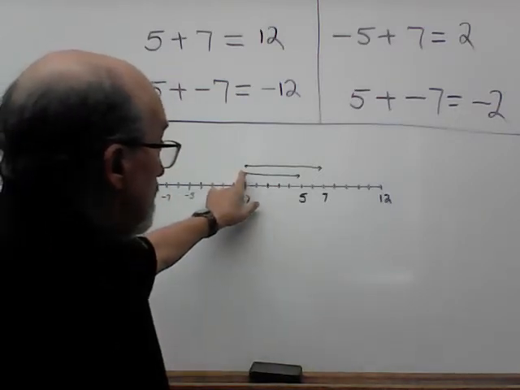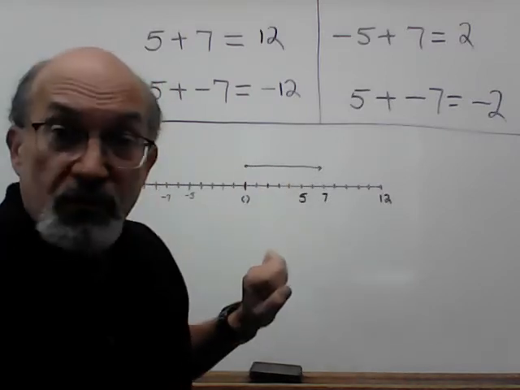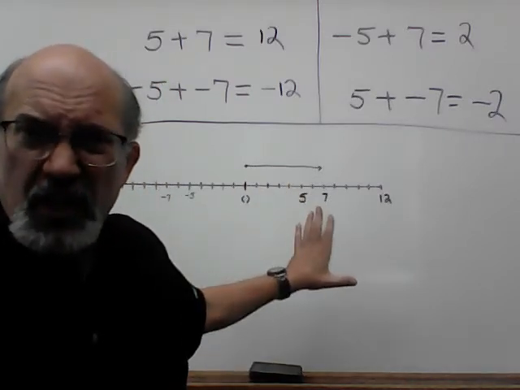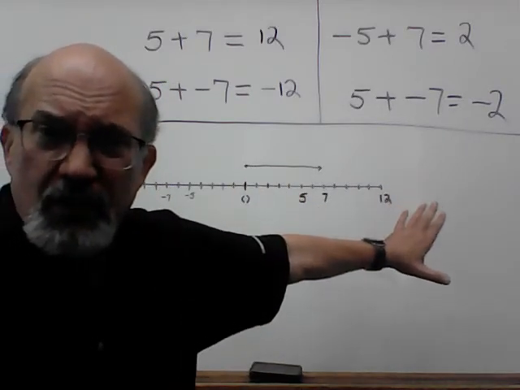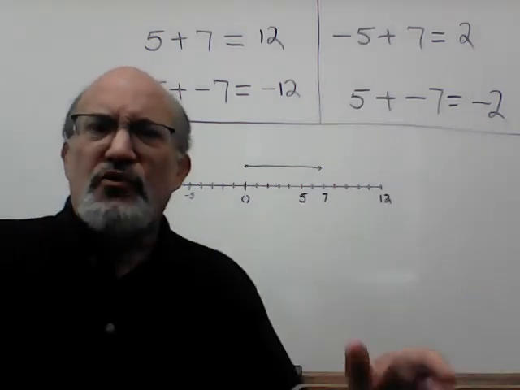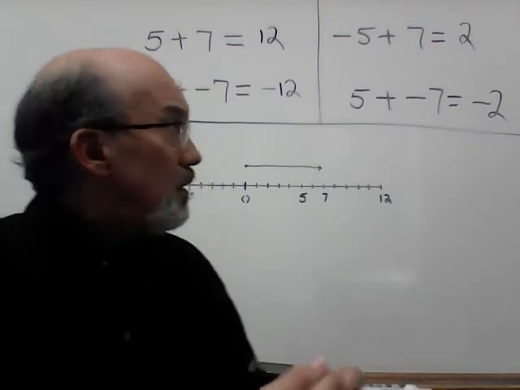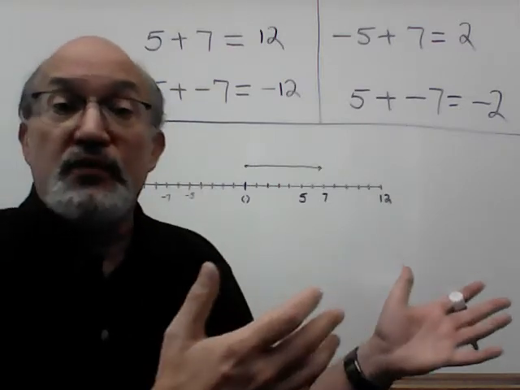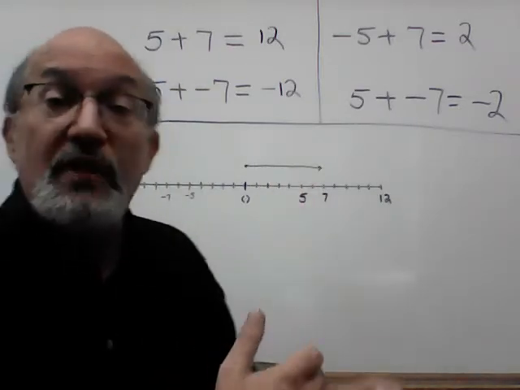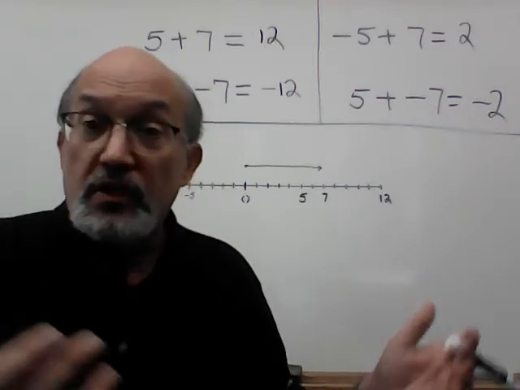But let me take the 5 vector, and instead of having it start at 0, let's have it start at 7. This may remind you of first grade where you might have learned to count on. How do you do 5 plus 7? Or 7 plus 5 in this case. I guess I've done it as 7 plus 5. Of course, it doesn't matter.